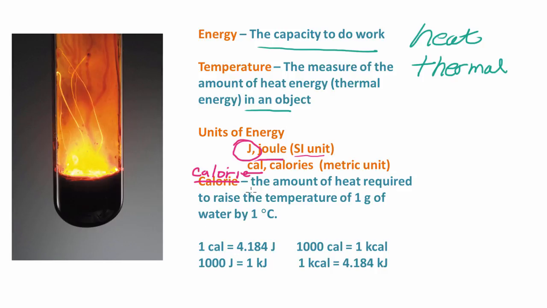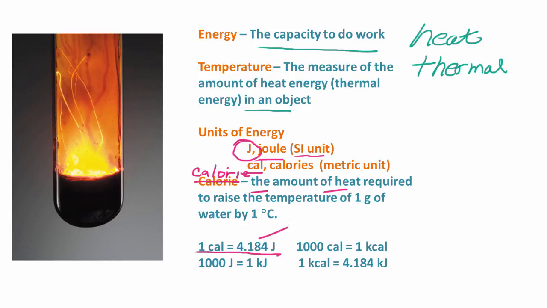We define a calorie as the amount of heat required to raise the temperature of 1 gram of water by 1 degree Celsius. And here we can convert between calories and joules. So 1 calorie is equal to 4.184 joules.